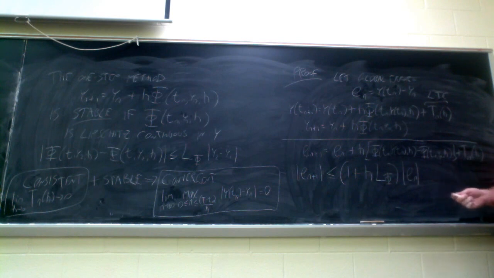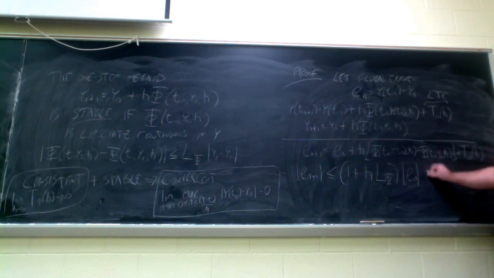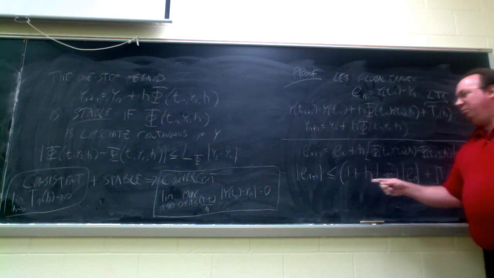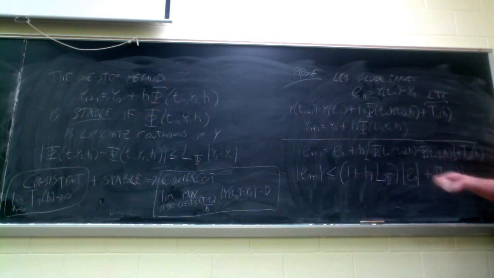It's E n again. So if you look back at the proof I did last week for Euler's method, it works exactly the same way. But I still have the local truncation error. And what I did last time was you get a partial sum of a geometric series and so forth to come up with a bound for the error in terms of errors from previous time steps.